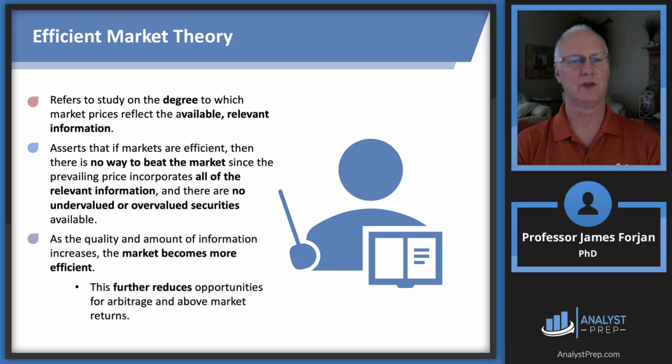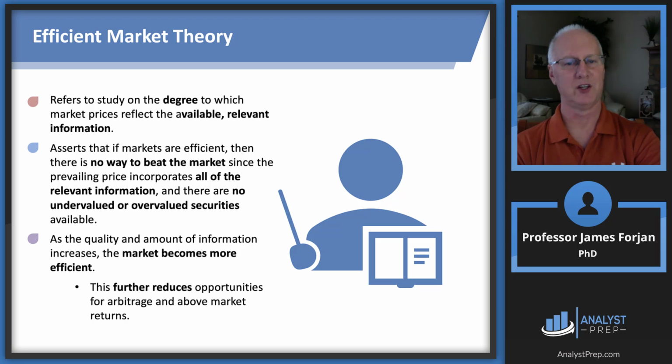And so look at the second teardrop point. If markets are efficient, then there is no way to beat the market, because all of the prices reflect all of that relevant and available information. And all of that information is processed by all of us really, really smart men and women out there who are seeking this information, and we're processing this information.